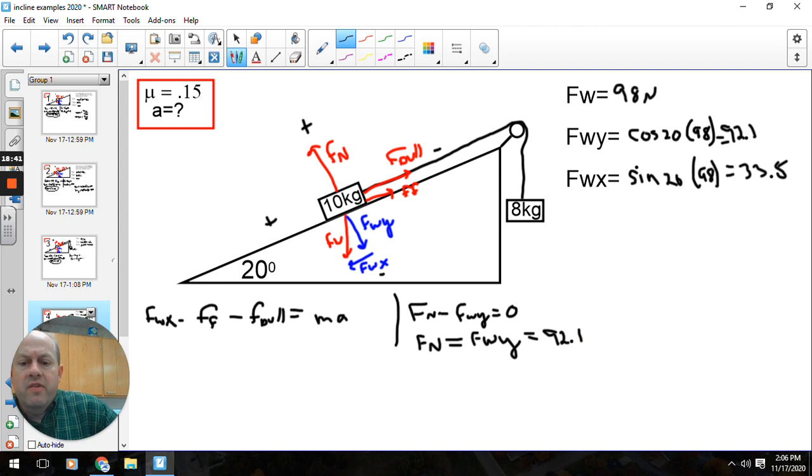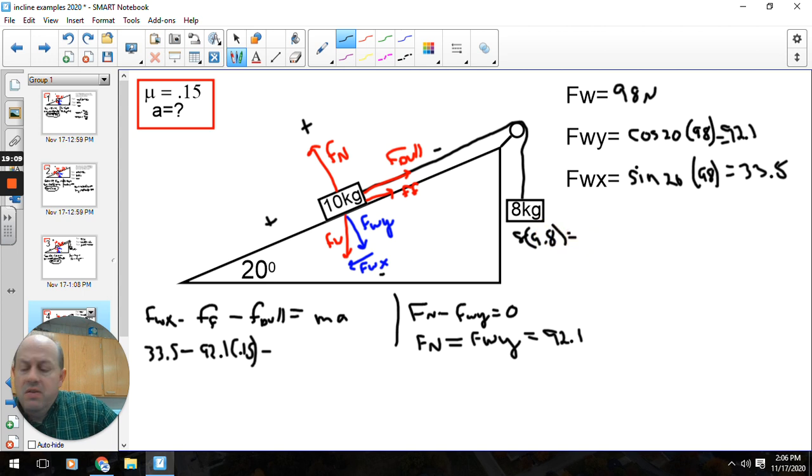Okay, over here we have our force weight X, so 33.5 minus friction, which would be normal, 92.1, times mu, 0.15. Minus our pull, so for that we'd take our mass times our gravity, so 8 times 9.8.